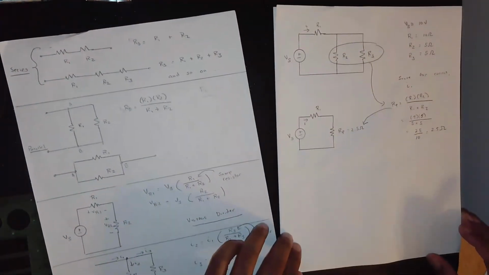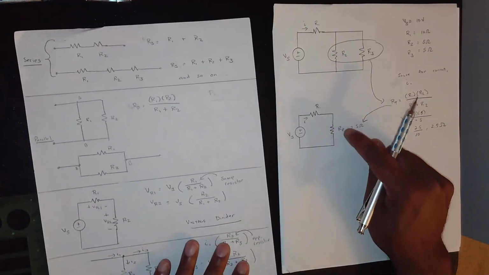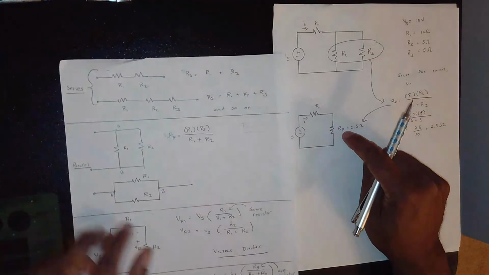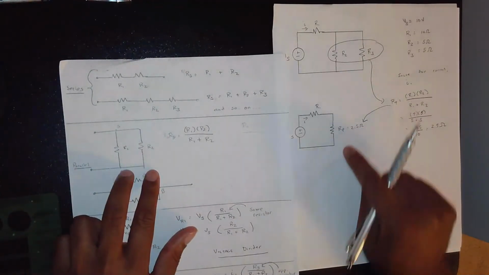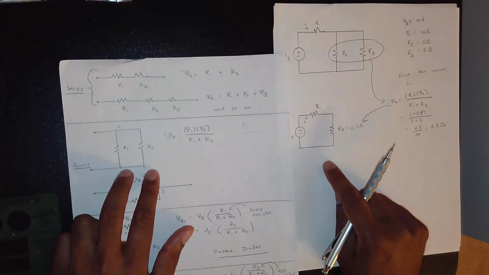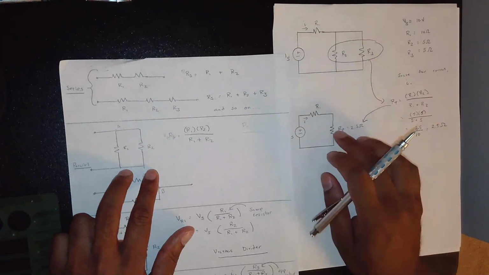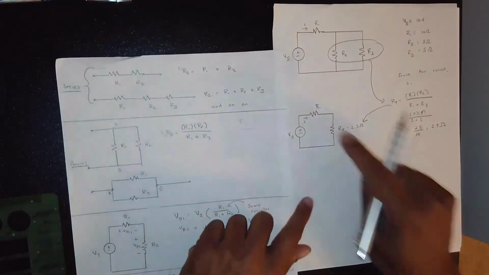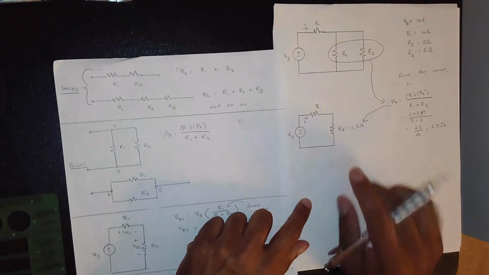So now we look at, well, I need to get this down to 1 resistor. What do I do? When we look at our circuit, does it look like this? Absolutely not. This looks like that. So what does it look like? Well, it's in series. It's running across each other. They're in a row.